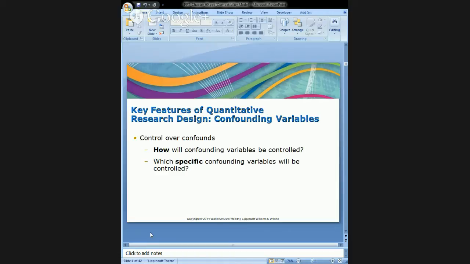Say that before the subject drank their cup of coffee, they also took a brisk walk outside, which could also be attributed to the change in heart rate. So whenever we talk about controlling for confounding variables, what we are talking about is any third or additional variable that might influence the outcome. And how are we going to make sure that there's not an additional variable in there other than the one we are interested in testing?